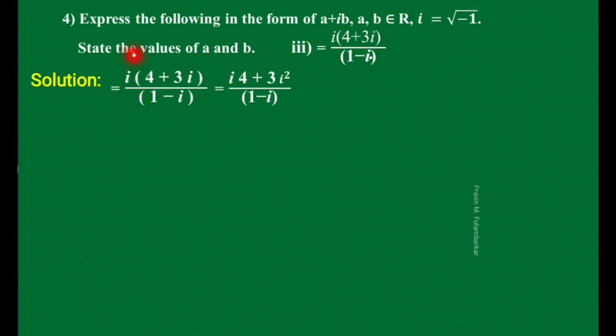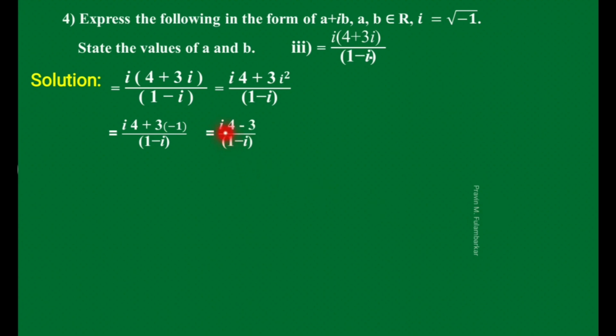So we multiply i by 4 plus 3i. We get i into 4, that is 4i, and i into 3i, so we write 3i square. Now substitute the value of i square as minus 1, so we get i into 4 minus 3, that is minus 3 plus 4i.